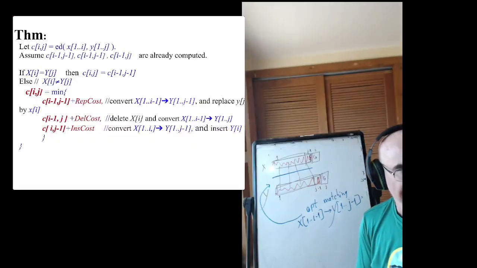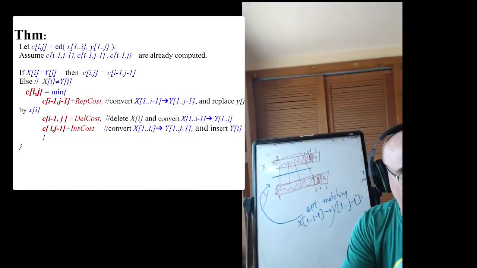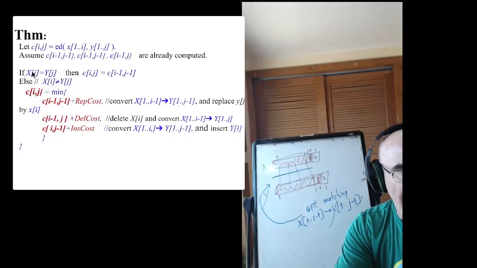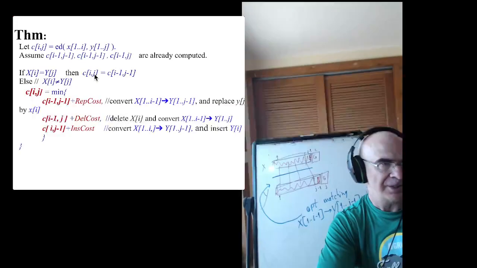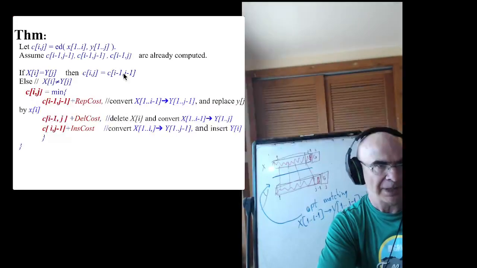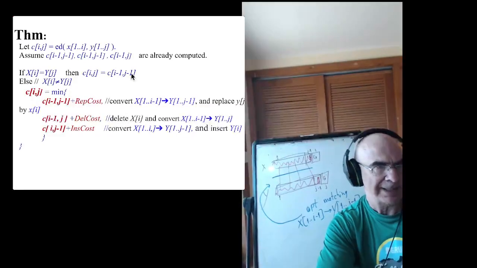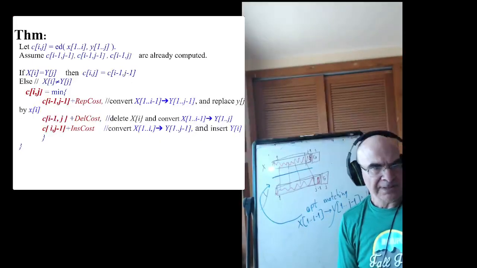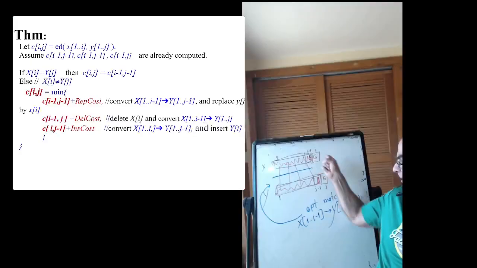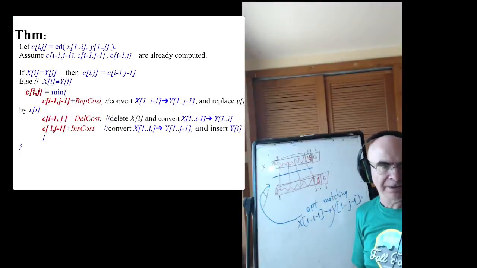So in this case, xi equals yj. So c(i,j) is just c(i minus 1, j minus 1). Don't need to add any extra cost. But that happens only if this character is exactly the same character over here.